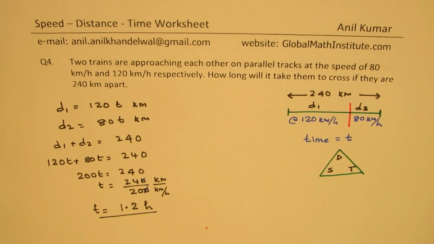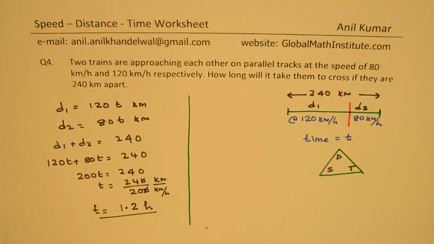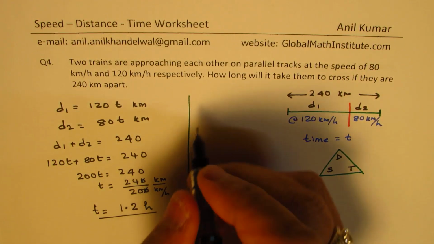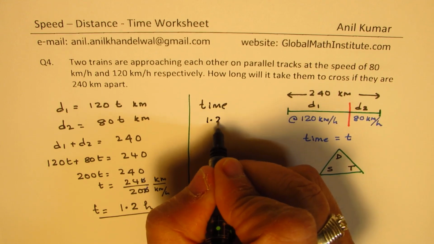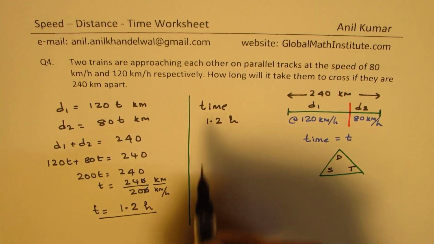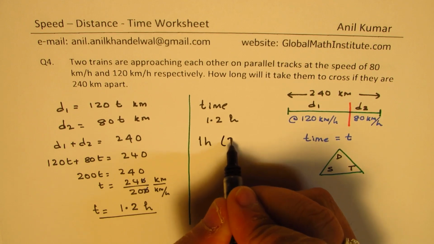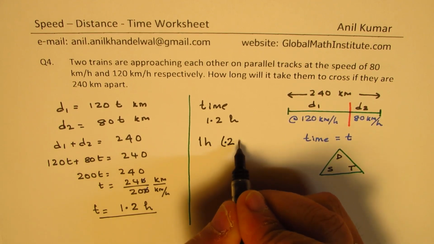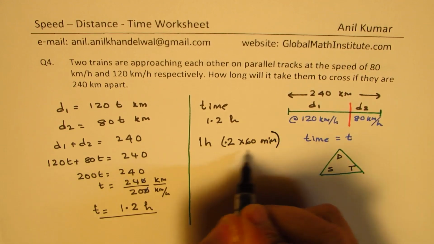Does make sense. Now, if you get this answer as 1.2 hours, it is a good idea to write it in hours and minutes, right? So remember, it is 1 hour and 0.2 times 60 minutes, right?